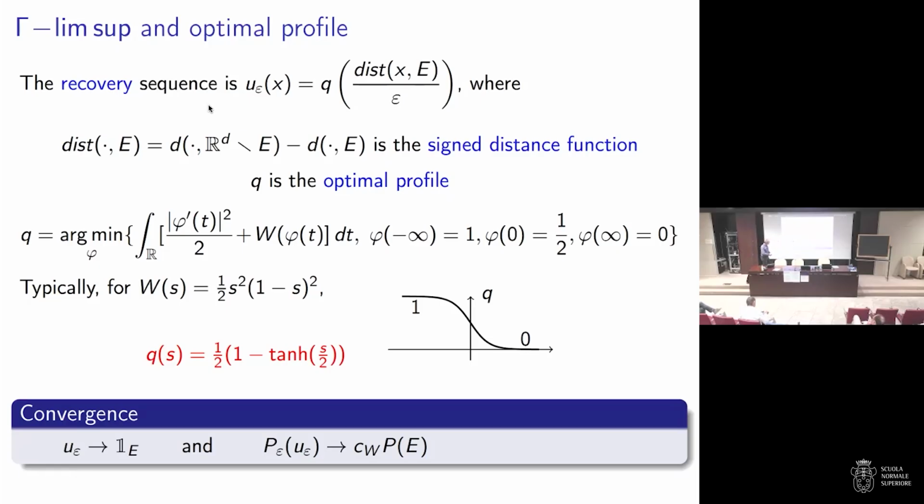So this is the optimal profile, the exact definition of the optimal profile. So you have an explicit definition. And for this recovery sequence, you not only have functional convergence to the characteristic function, but also exact convergence of the approximate energy to the limit energy.